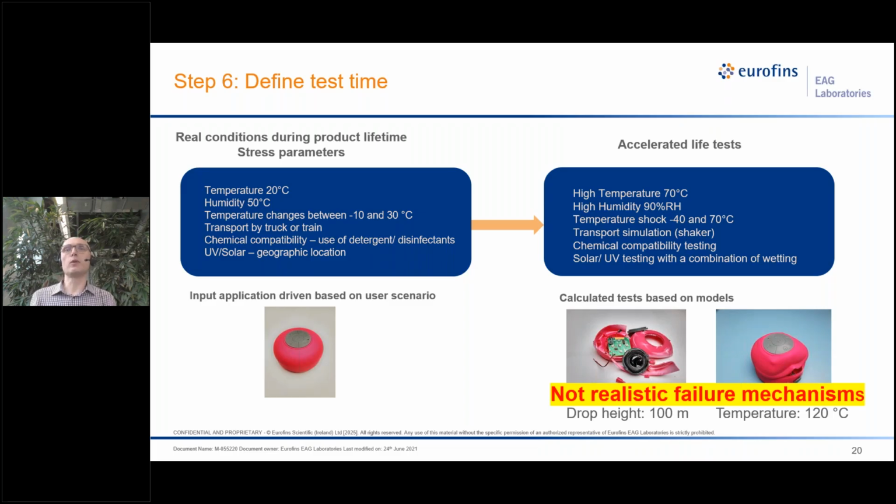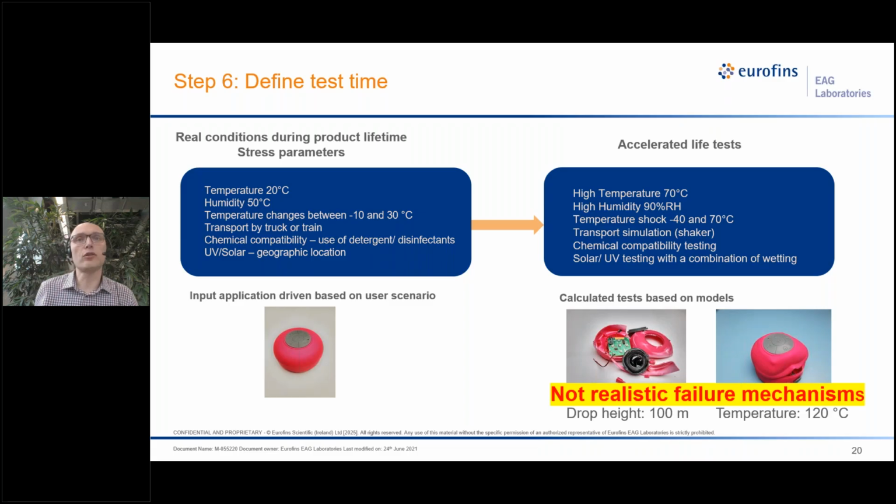And we can simulate this with a shaker or a drop test. The same vibrations are simulated, possibly at specific natural frequencies of the product. And also here, it allows us to introduce an acceleration factor.